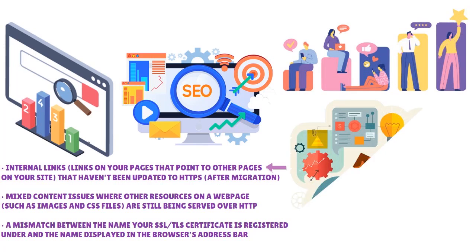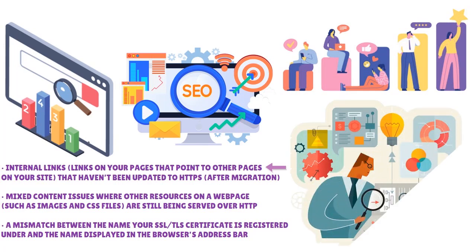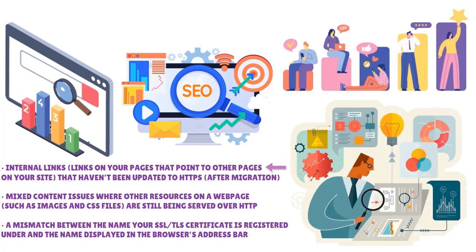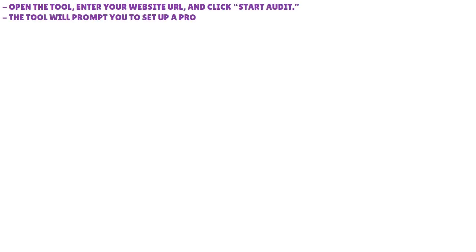And you can check your sites for all these issues using a site audit tool on platforms such as SEMrush, Moz Pro, or Ahrefs. So basically, you just need to open whatever tool you have. You want to enter the website URL and click Start Audit, and the tool will prompt you to set up a project.